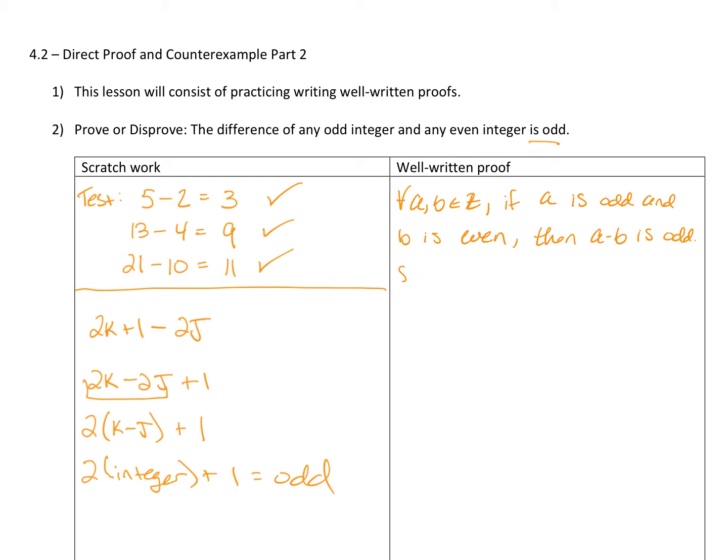Then we're going to say suppose the if part is true, that a is odd and b is even. Suppose a is an odd integer and b is an even integer.